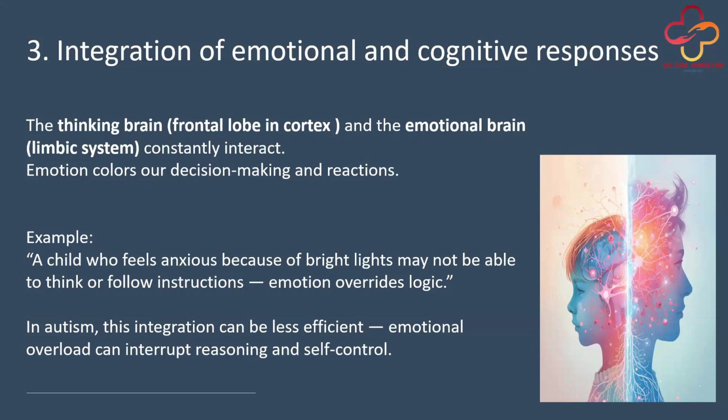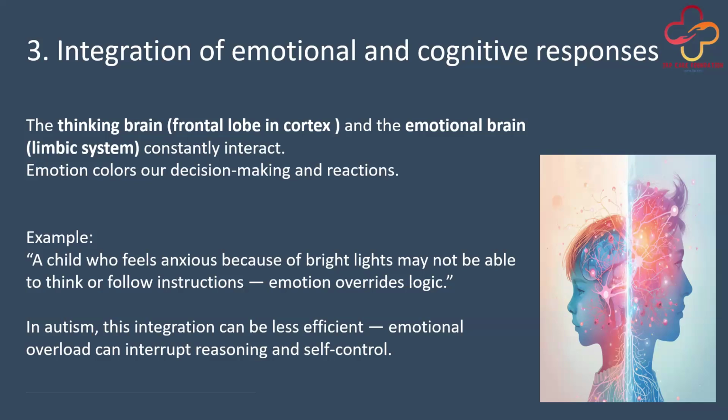Now, what happens is when your limbic system is overburdened and is not able to coordinate properly with the thinking brain, then you find an overload of emotions, and that reflects in your behavior. Take the example of a child who feels anxious because of bright lights and is not able to think or follow instructions.